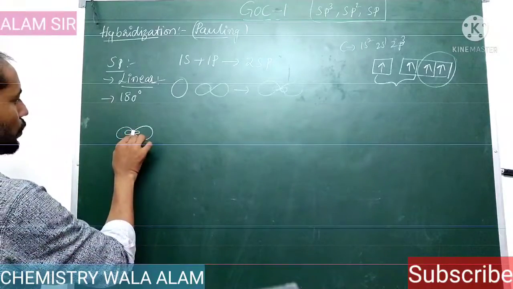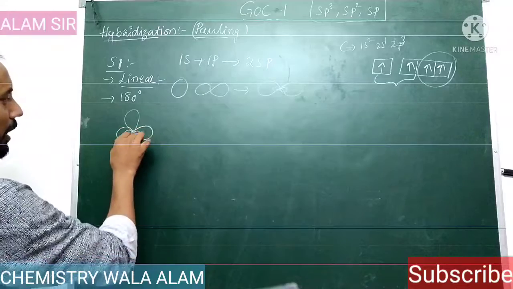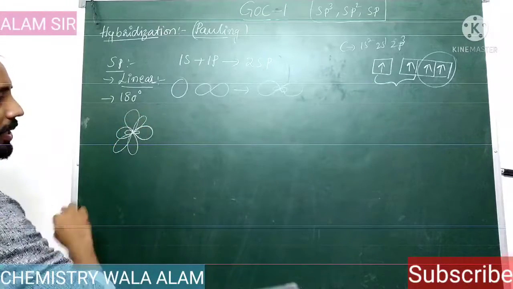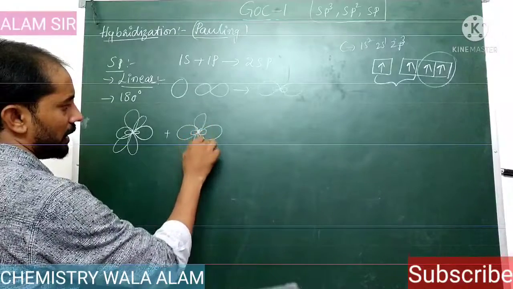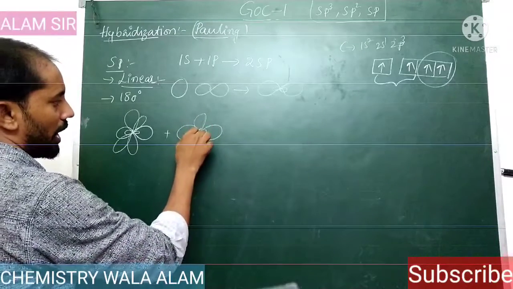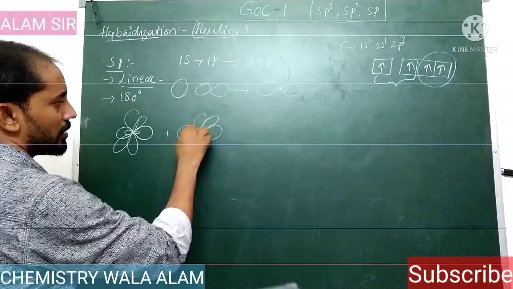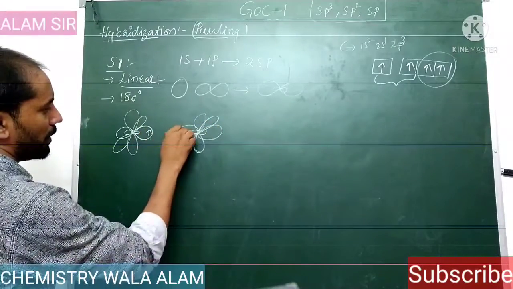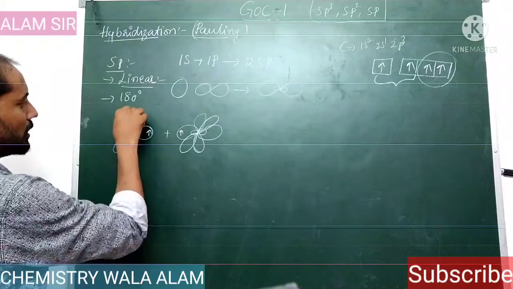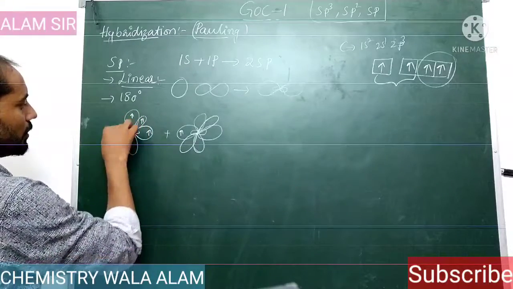What about the other two? These are unhybridized, these are the sp hybridized orbitals, and this one is also unhybridized. Between these two, overlapping will take place. Each one contains one electron.